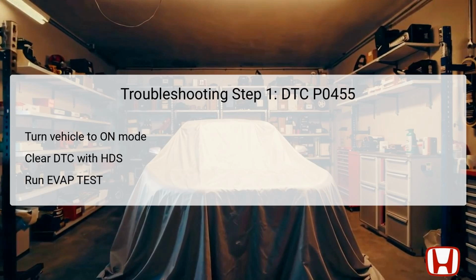Start the troubleshooting process for DTC P0455 by turning the vehicle ignition to the on position without starting the engine. Next, use the HDS, which stands for Honda Diagnostics System, to clear the DTC. After clearing the code, proceed to perform the EVAP test by selecting it from the inspection menu on the HDS.